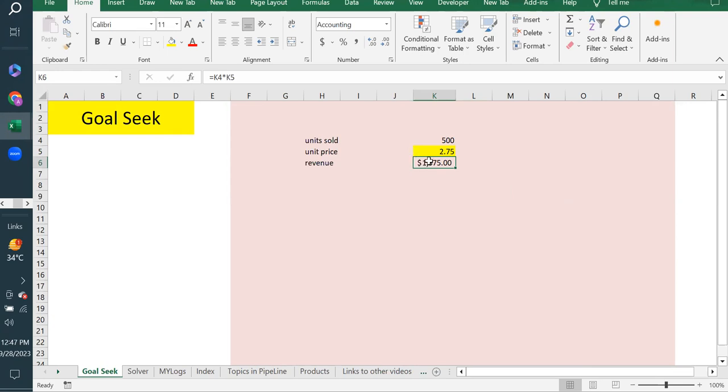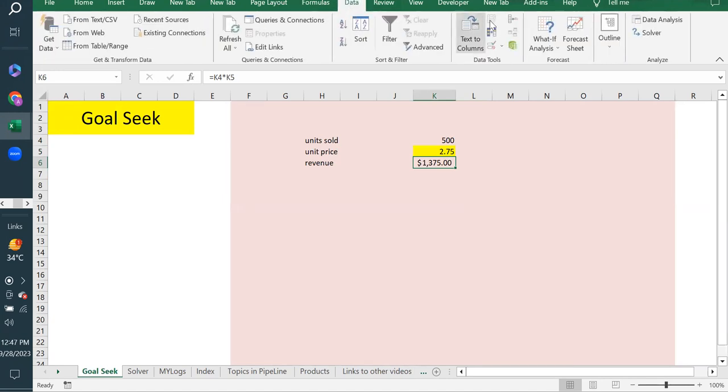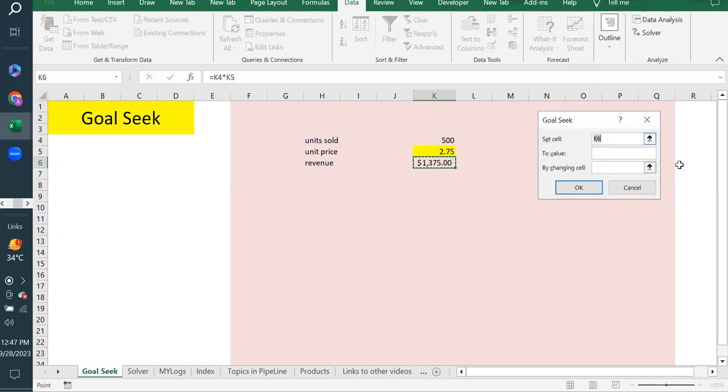$3,000 revenue. So what you would do is you go to the Data tab, then What-If Analysis. There you have Goal Seek, and you set the revenue to a value of $3,000, for example, by changing the units sold, keeping the unit price safe.